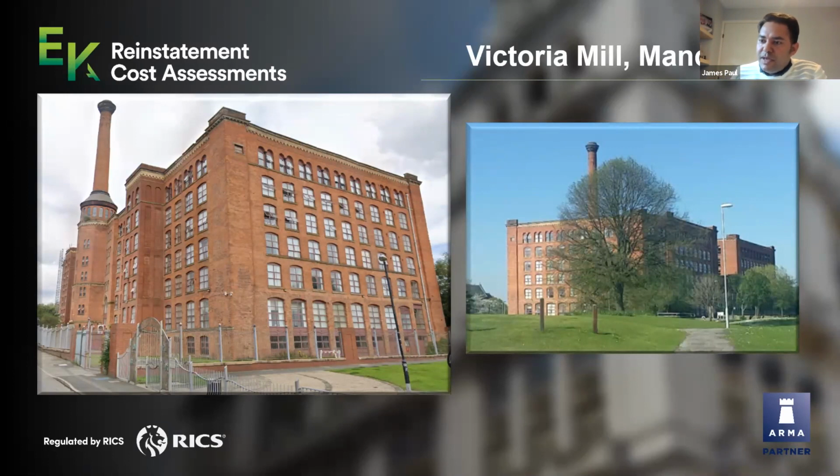And we came across a situation here where we were asked to go out and assess it, and the past DV that we were given was for £40 million. Nothing strange about that. And we conducted our assessment, and it came to 26 million.